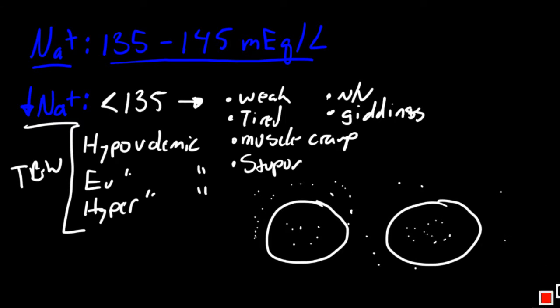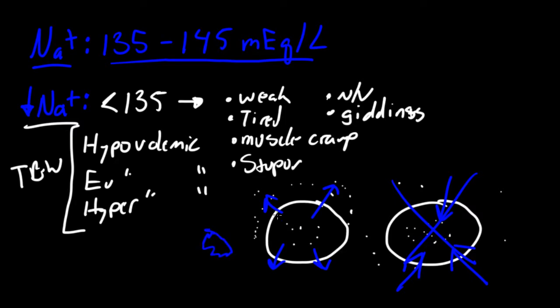So water is going to follow the concentration gradient and flow inside the cell, and this will cause the cell to get bigger and maybe die. In hypernatremia, water is going to want to flow out of the cell to reestablish normal osmolality. So the cell will shrink and it could die.